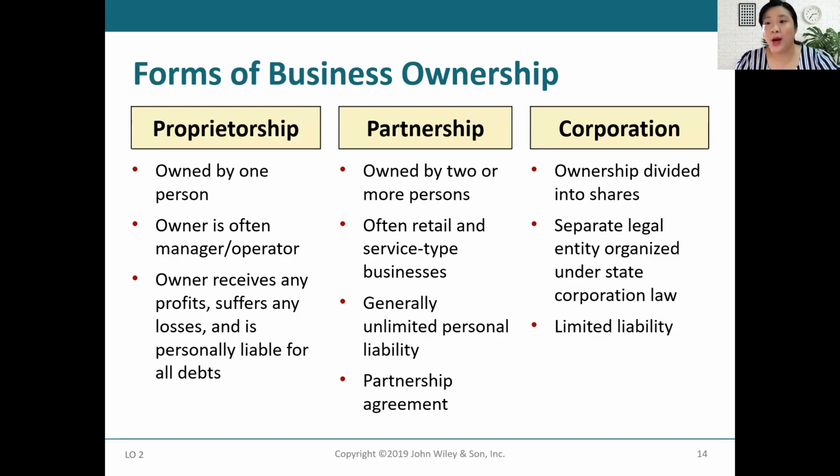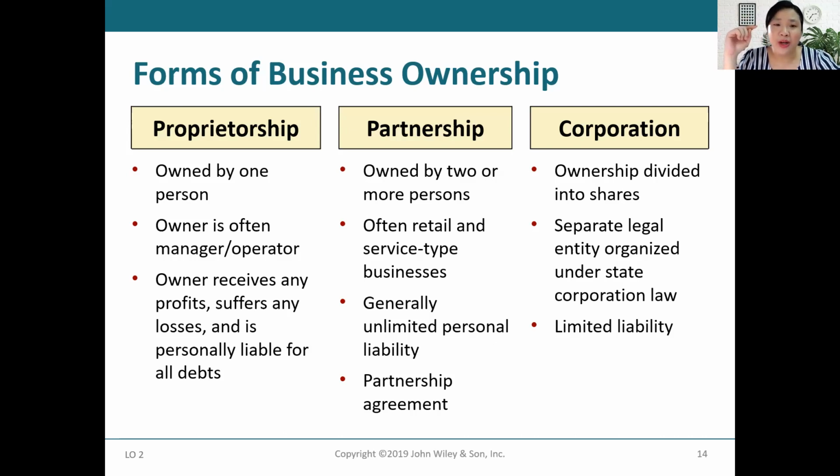For example, if I invest $10,000 and open a bookshop, this bookshop is a proprietorship because it is owned by one person.